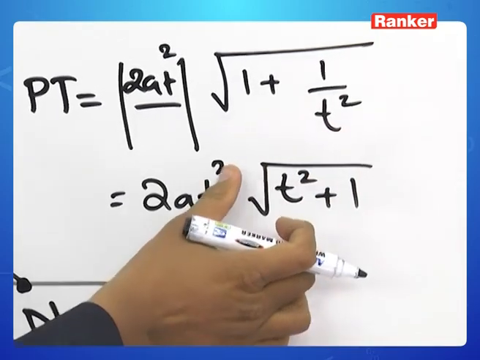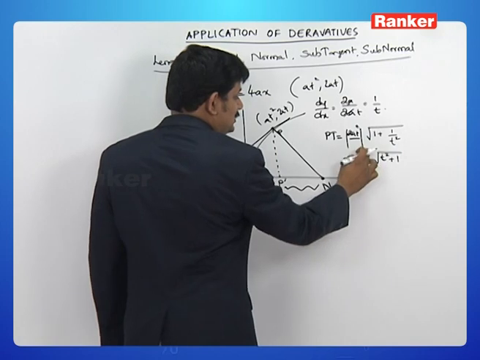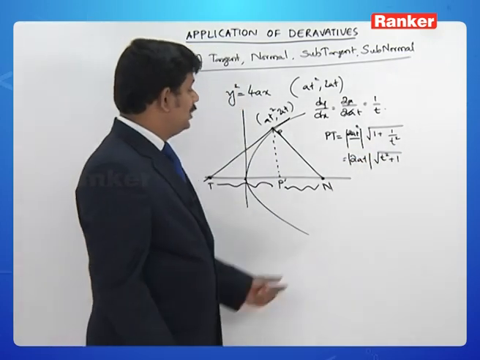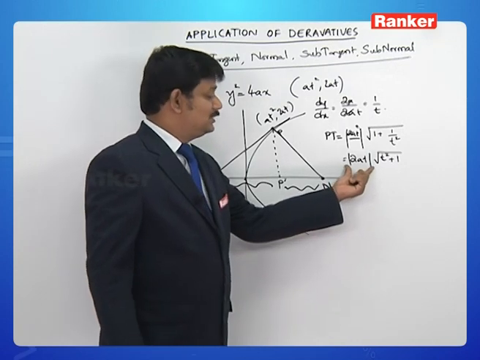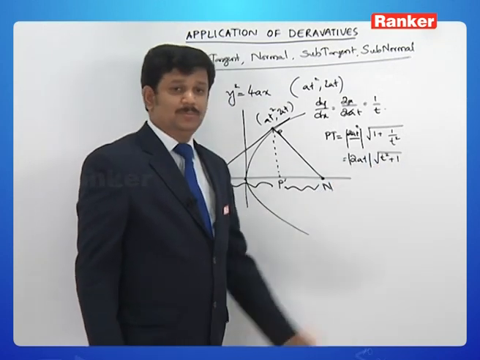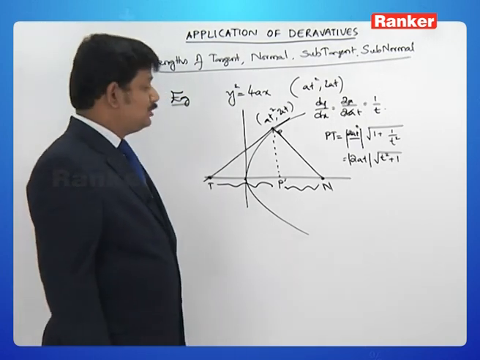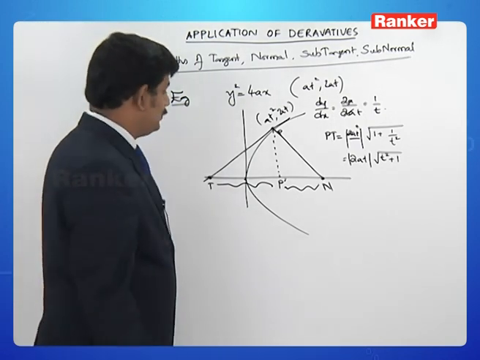Root t square is t, t gets cancelled, and because length has to be positive, let us put a mod. So, length of the tangent PT is mod 2at root over t square plus 1.